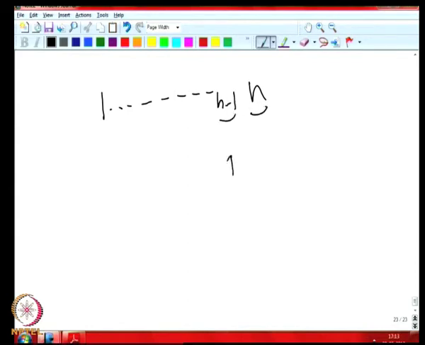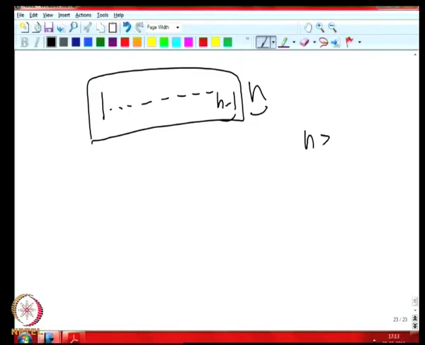Sorry, so we will say n greater than 1. For numbers n greater than or equal to 2 we will consider this, and for 2, 1 is relatively prime to 2, so it is equal to 1 only.